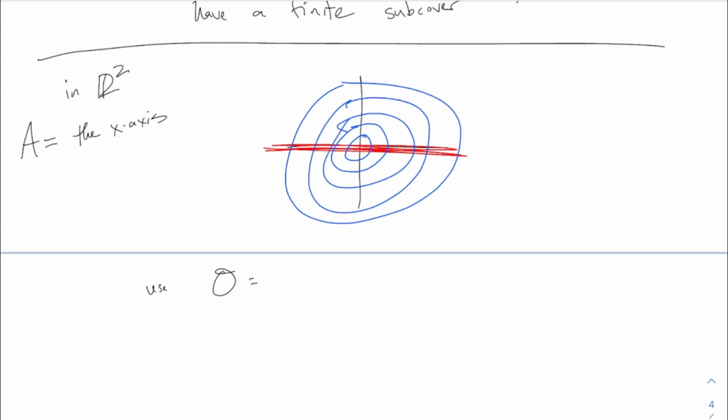So the way I would write this, as a set, is the ball around 0 of radius n. That's the notation. This 0 is the origin, maybe I'll write it as a 0 vector. It's the ball around the origin of radius n. You start with radius 1, then radius 2, and then radius 3, etc. These are increasingly large open balls.